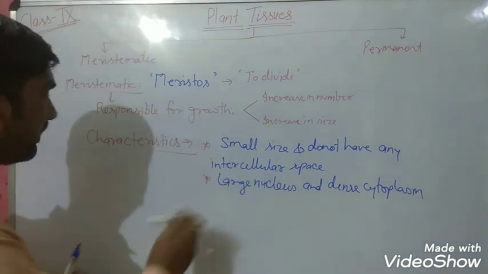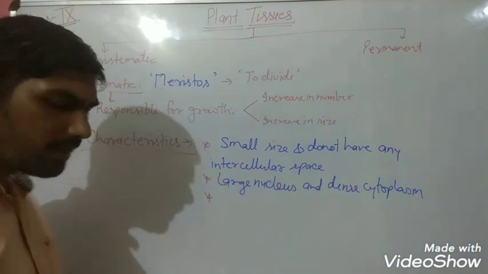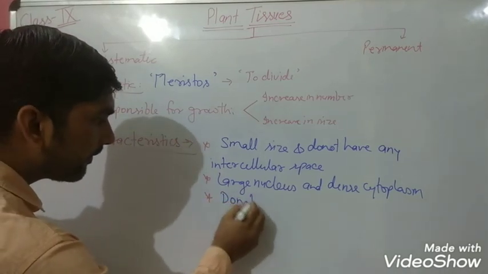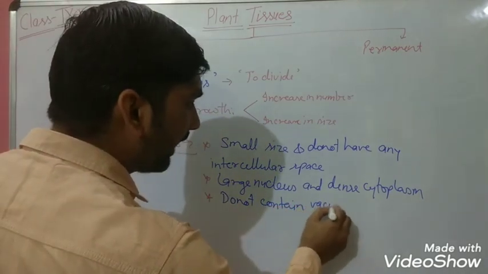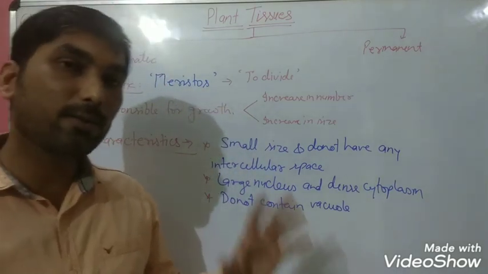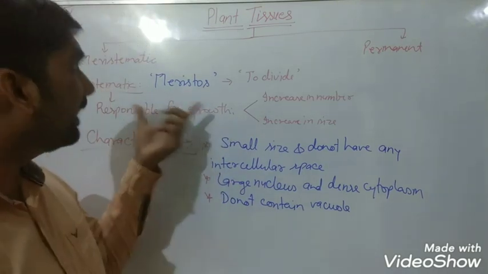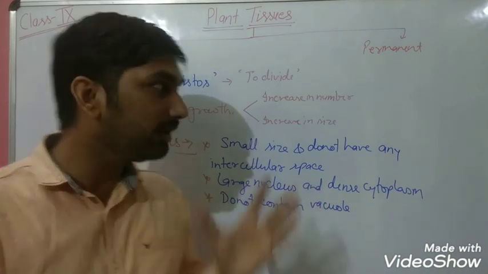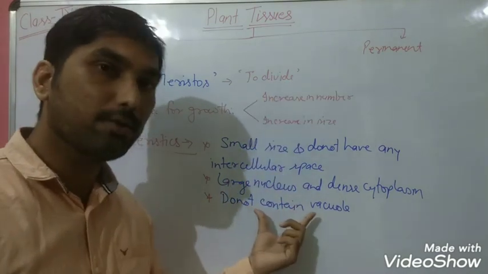What is the next characteristic feature of these meristematic cells? These cells do not contain vacuole. You know from your previous class, the differences between plant and animal cells, that the speciality of the plant cell is the large central vacuole, but since these are going to divide only, they lack vacuoles.